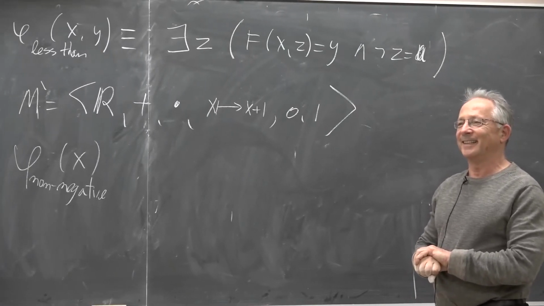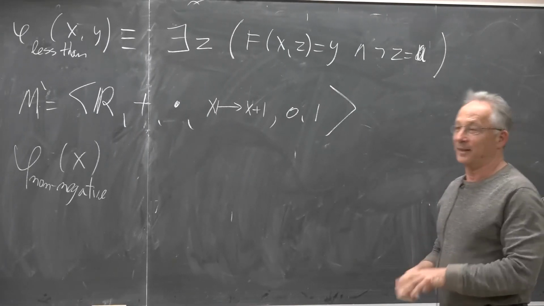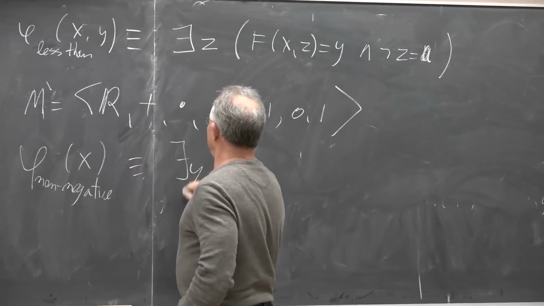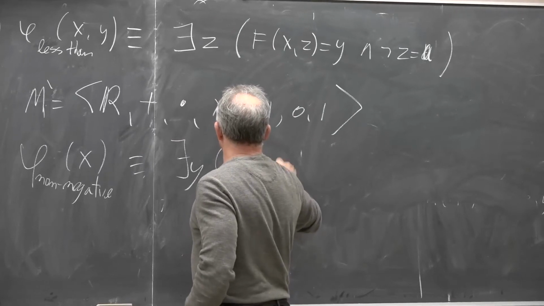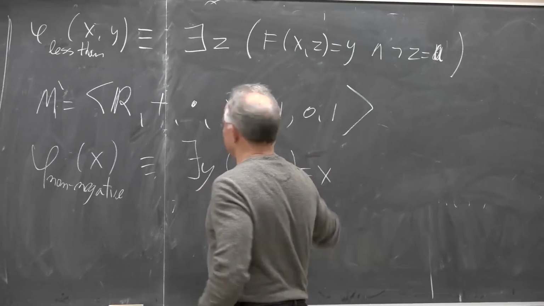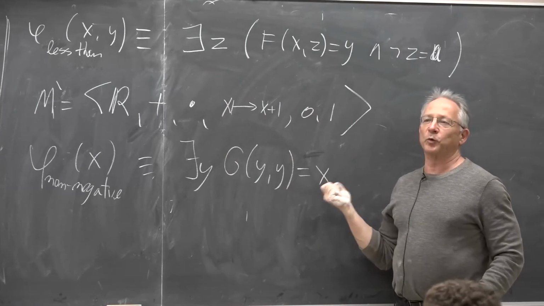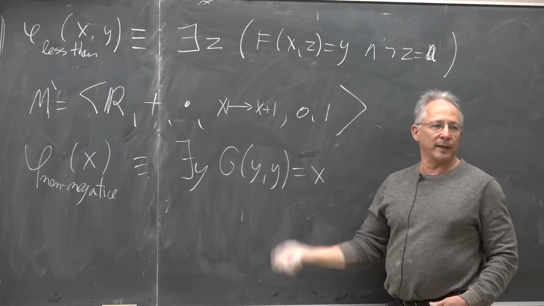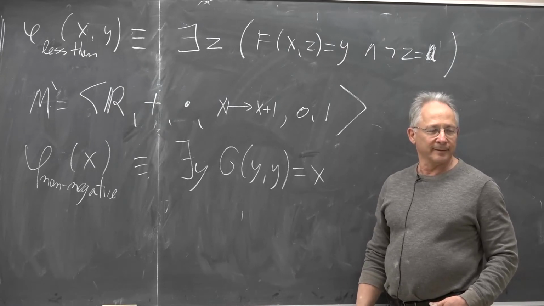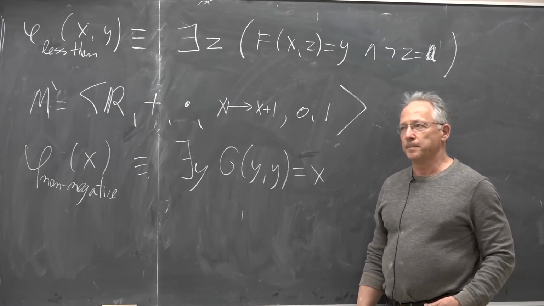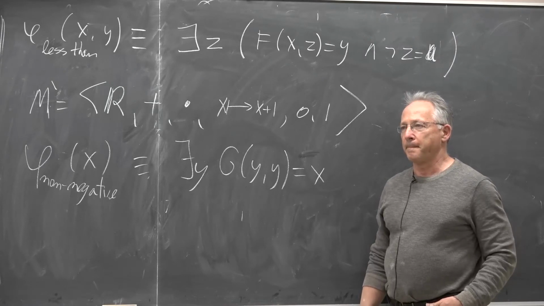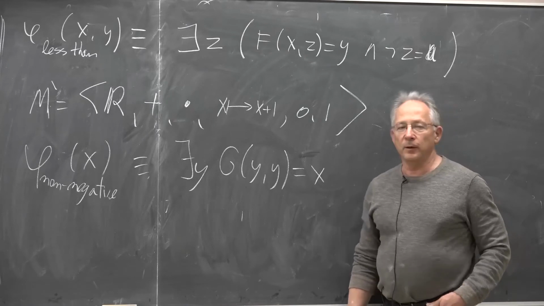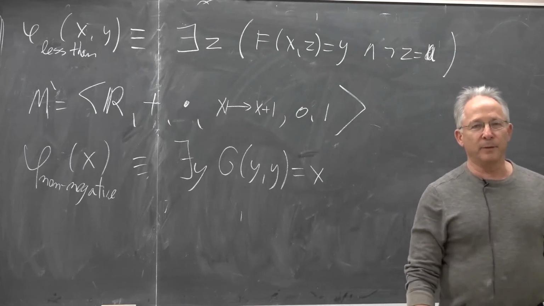There exists y such that g(y, y) equals x. It means x has a square root. We know that the only real numbers that have a square root are the numbers which are non-negative. So lots of things are definable.